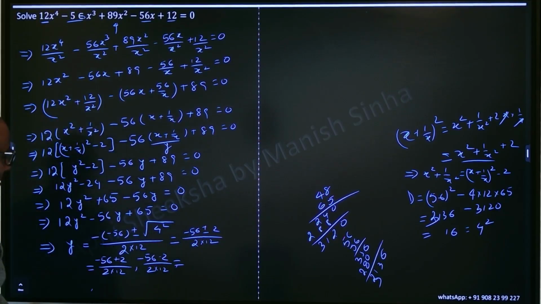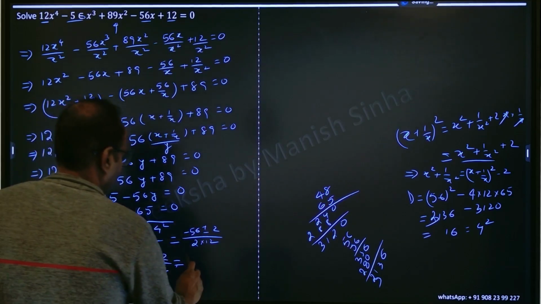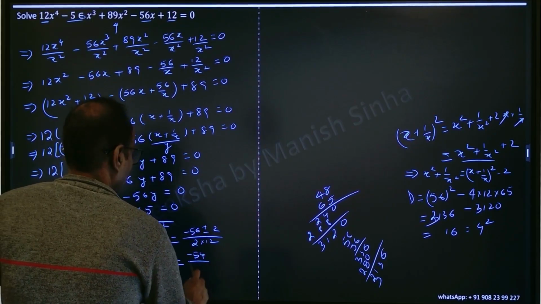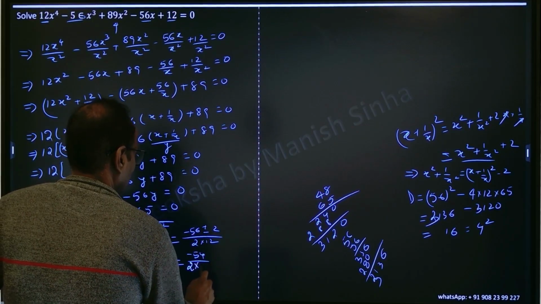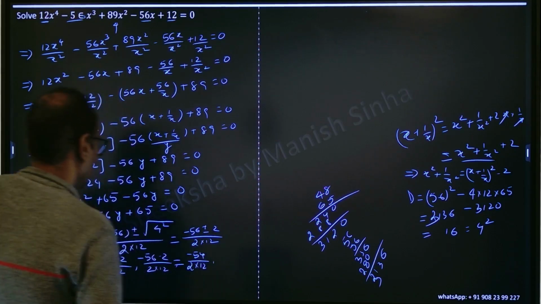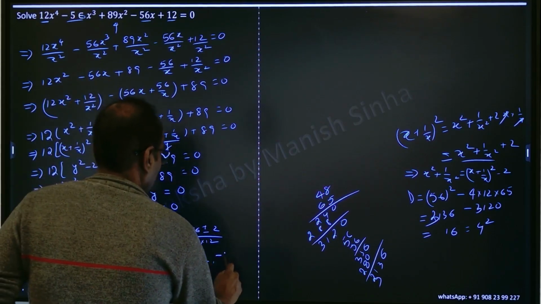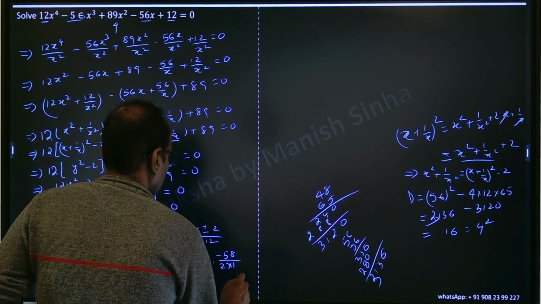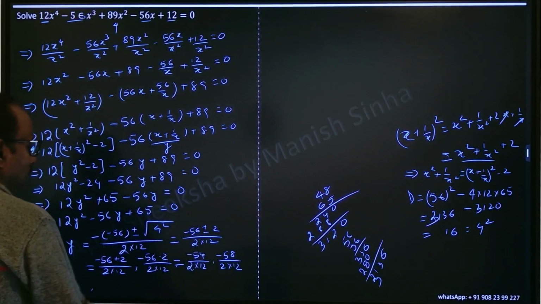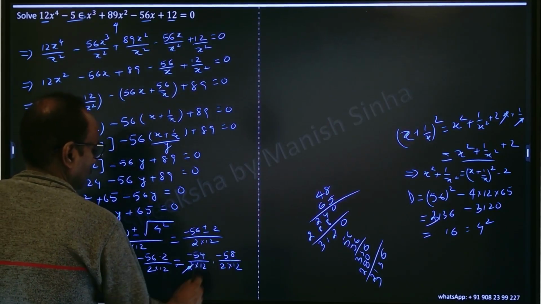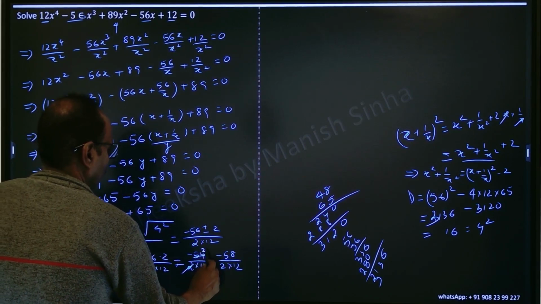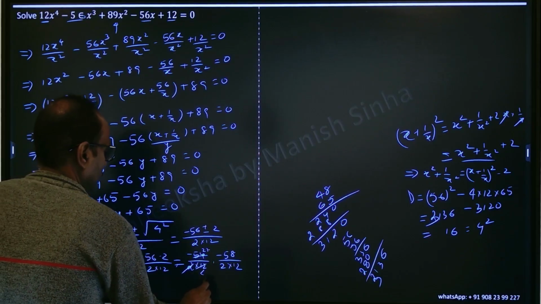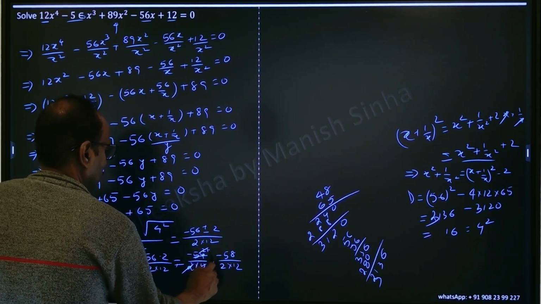Minus 56 plus 2 is minus 54. This is minus 58. 27, 9.